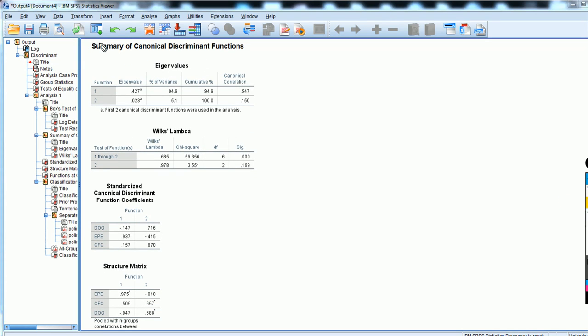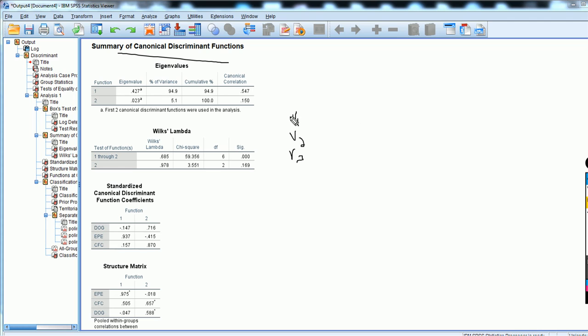So first of all, we have a summary of canonical discriminant functions. Keep in mind that the discriminant functions are essentially latent variables that are derived from the pattern of associations among our predictor variables. We had 3 predictor variables, I'm just going to call them variable 1, variable 2, and variable 3.